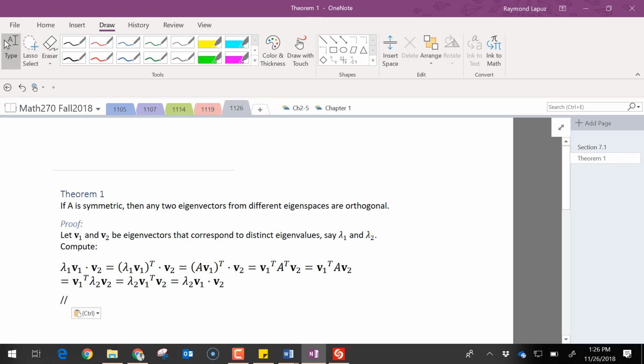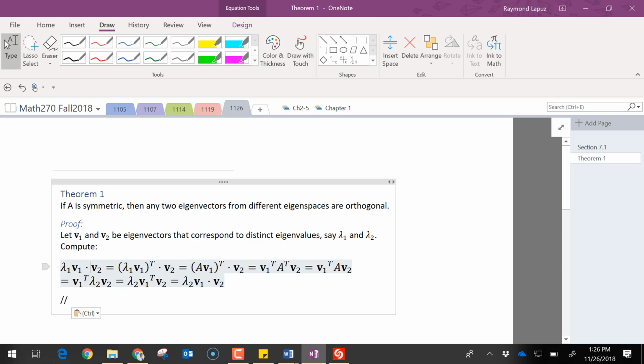All right, if you have a symmetric matrix, then any two eigenvectors from different eigenspaces are orthogonal. And here's a quick proof of it. Let v1 and v2 be eigenvectors that correspond to distinct eigenvalues.